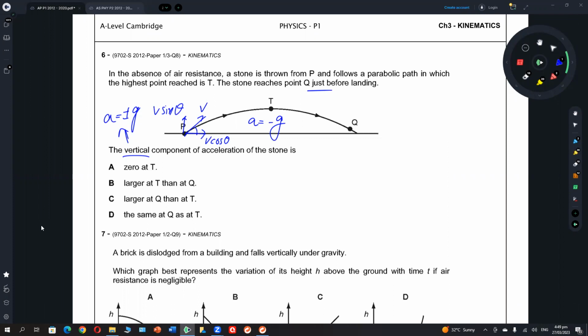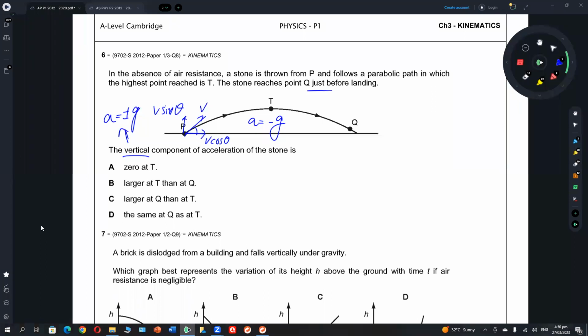Because if going up, no, it's not only going up, it's going up and then coming down. So isn't it minus G for the whole path?